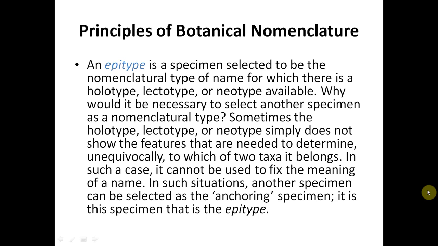Even though the holotype, lectotype or neotype is present, if the evidence is not sufficient to establish the identity of that plant, then we have to go for another nomenclature type that is called an epitype. So in such situations, another specimen can be selected as an anchoring specimen. Here the epitype is the anchoring specimen which supports it. It further provides the supporting evidence. So that is called an epitype.